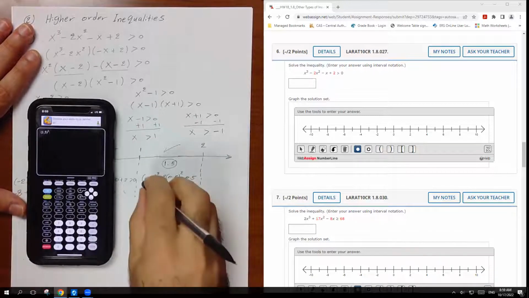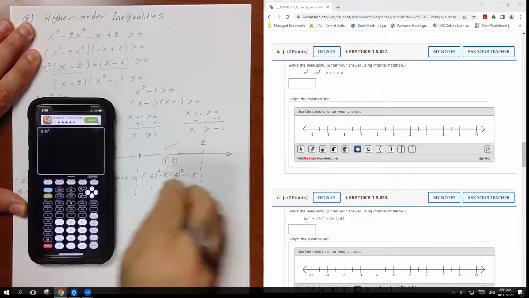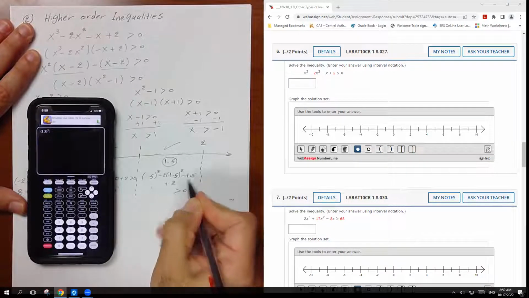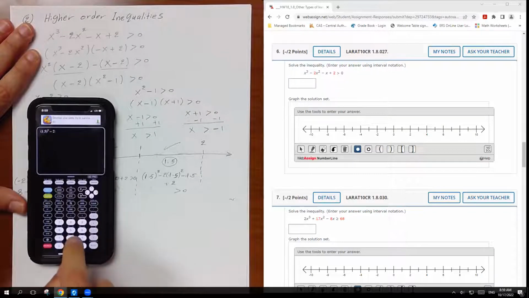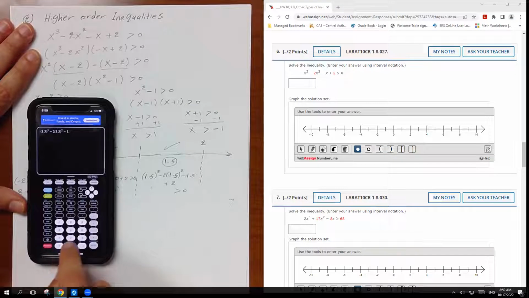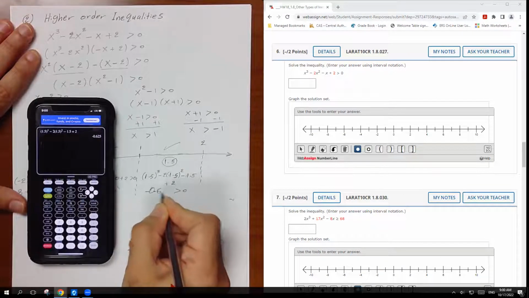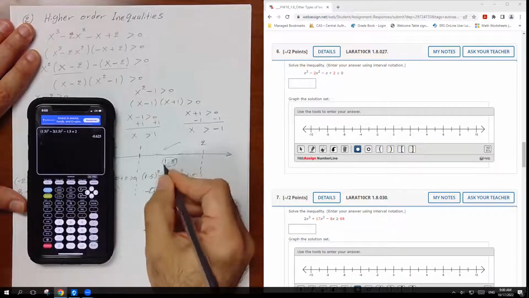So 1.5, not 0.5. The result is going to be negative. 1.5 cubed minus 2 times 1.5 squared minus 1.5 plus 2. The result is going to be negative 0.625, which is not greater than 0. That means this is not a solution.